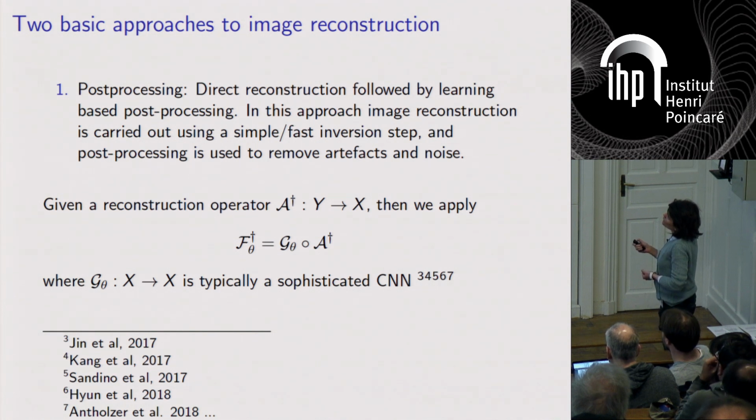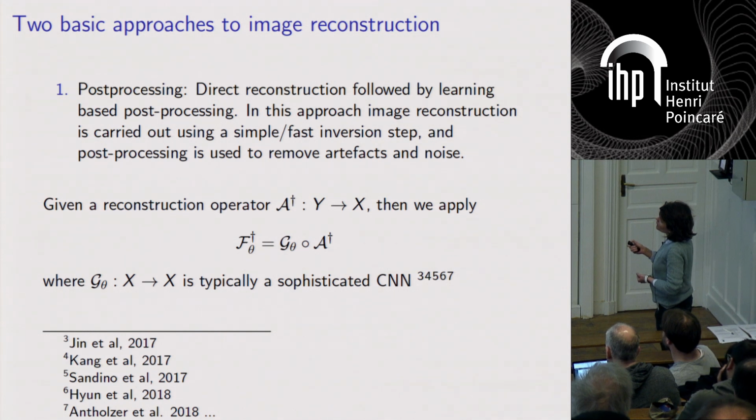The reconstruction coming out of this is not of high quality at all, so you have to do something to it. And then the idea was to post-process it with some kind of CNN, for example. There are a number of works that have done that.